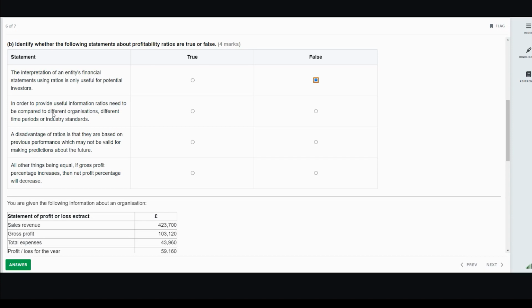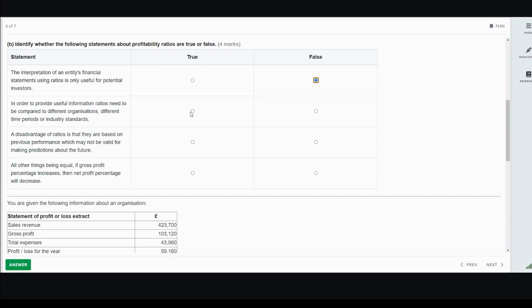Okay, so we want to compare financial information with others, especially competitors, because we want to see what they're doing and how we're doing. However, you've got to be realistic. There's no point, if you own a small convenience store, comparing that to the likes of Morrison's or Asda. So it needs to be comparable.